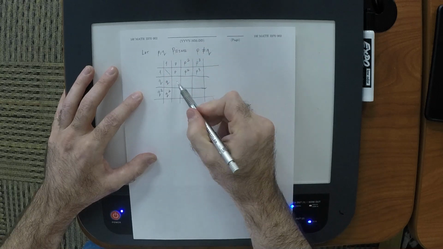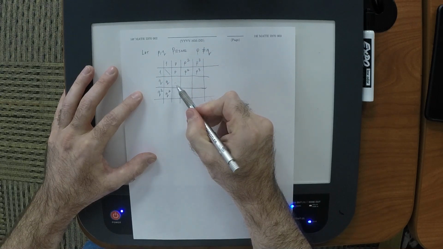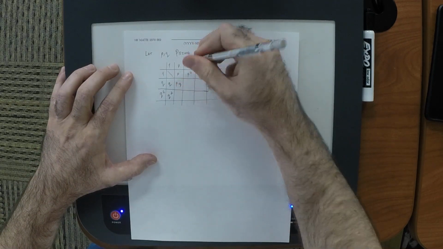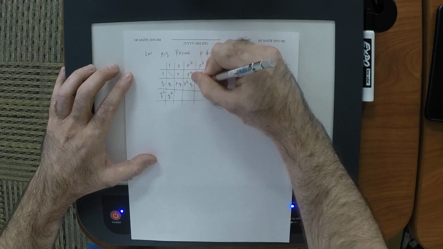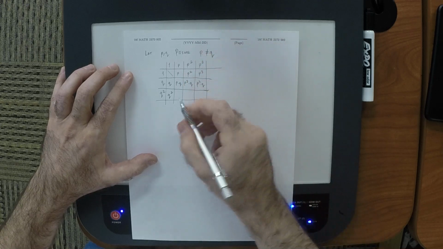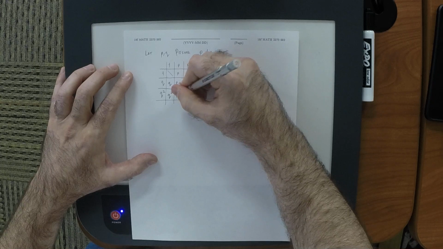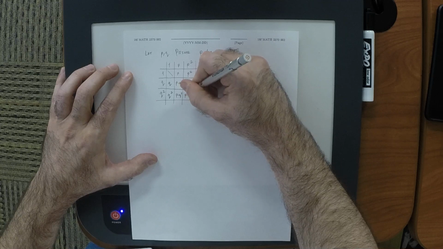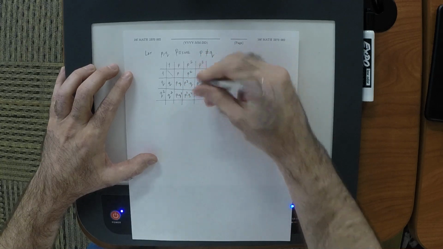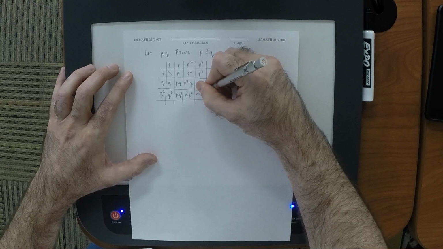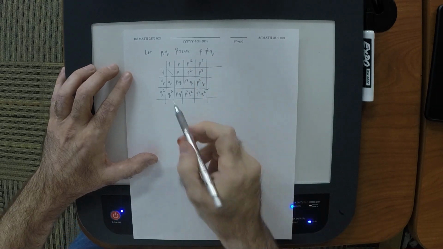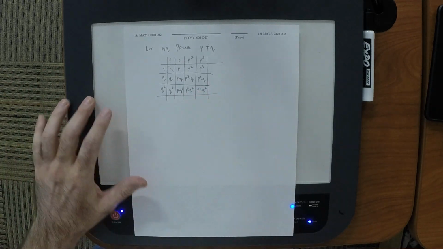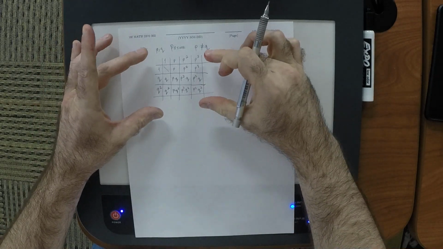And then PQ, P squared Q, P cubed Q, and then PQ squared, P squared Q squared, and P cubed Q squared. So there are 11 entries there, because it would be 12, but I left that one out.